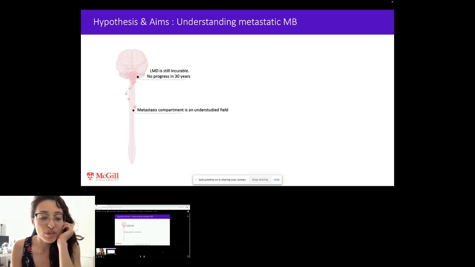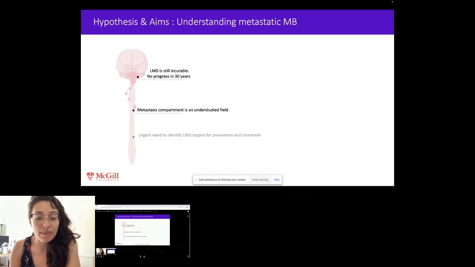That's why it's so complicated to get samples of metastasis and to develop a good study between the primary and metastatic compartments. But we need to find better strategies to identify the mechanisms that develop metastasis. In that context, we can hypothesize better therapeutic targets to prevent LMD.